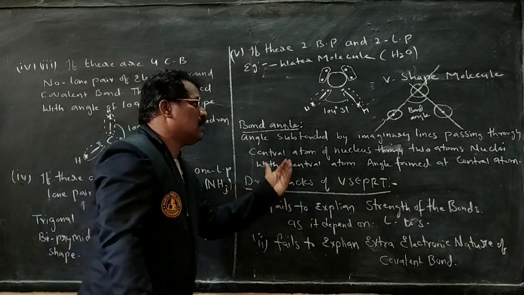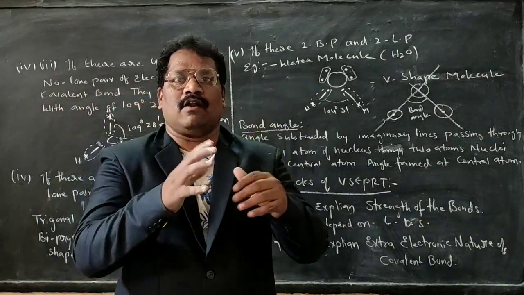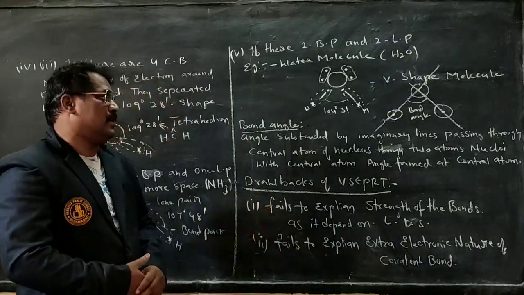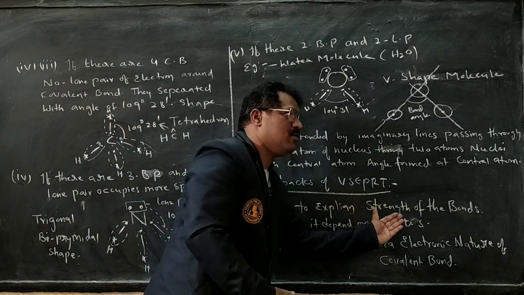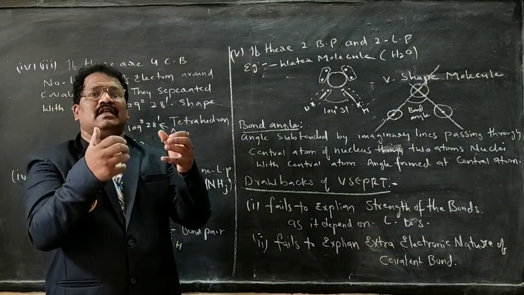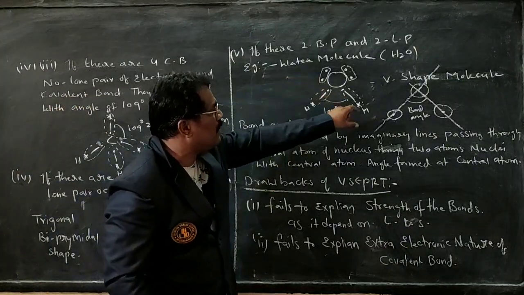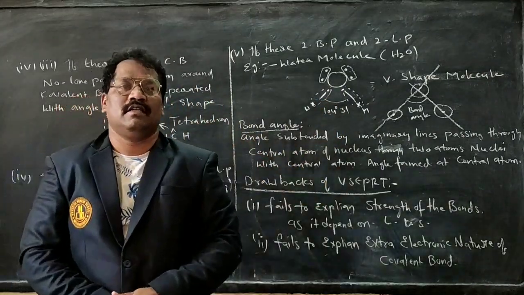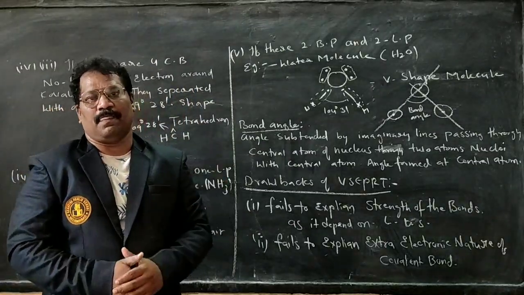Coming to the drawbacks, this VSEPR theory also has certain drawbacks. 2 drawbacks are there. The first drawback is that it did not explain clearly the strength of a bond. It forms a bonded pair, but how much strength a particular bond has could not be explained clearly. Why?